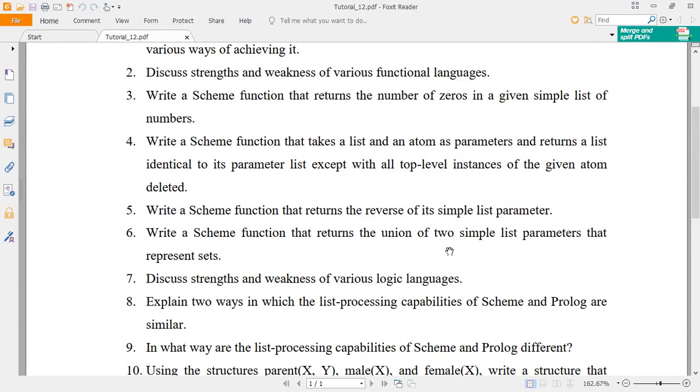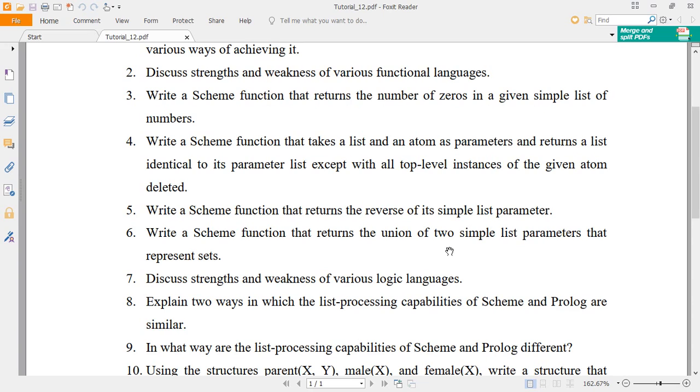To answer the third question, that is, write a Scheme function that returns the number of zeros in a given simple list of numbers. In order to answer the next upcoming questions, we need to recall the list operations such as CONS, CAR, CDR. CONS is used to add an atom to the list, whereas CAR will give you the first element in the list.